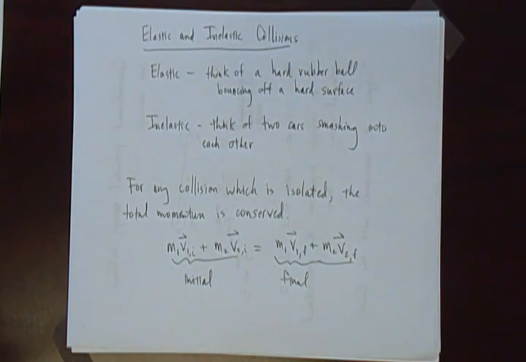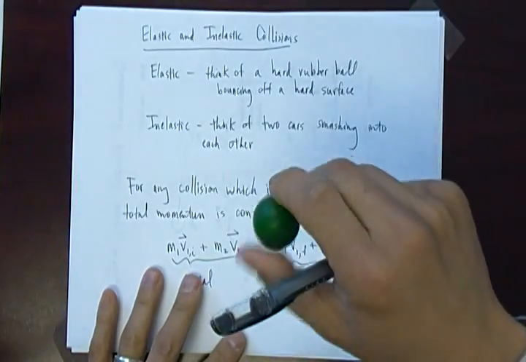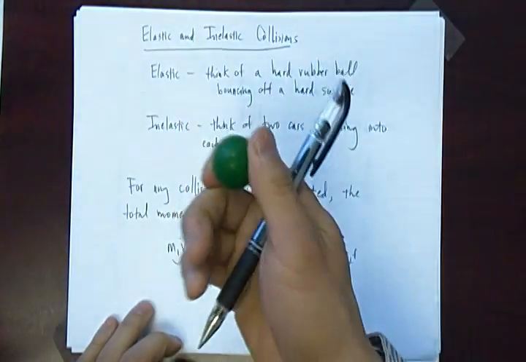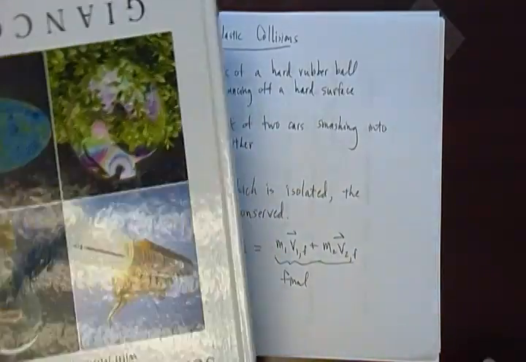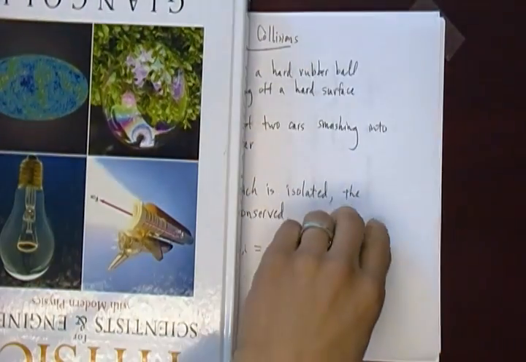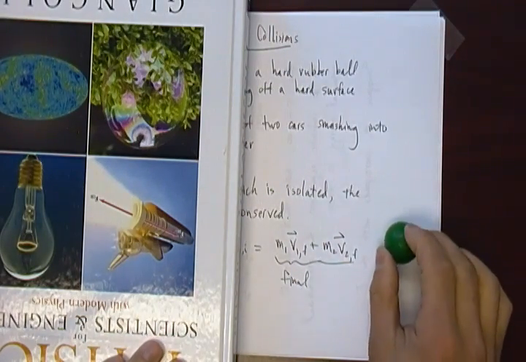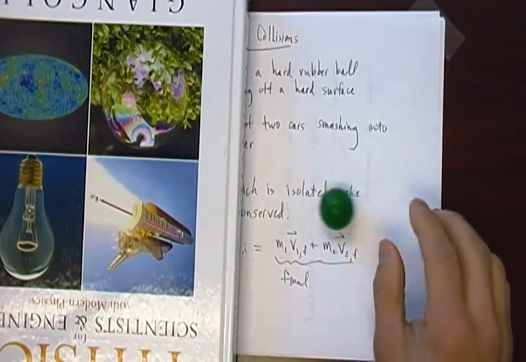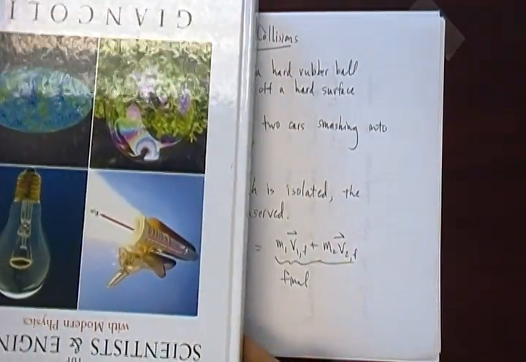Now, you might be a little bit confused, though, because we were talking about, in the beginning of the lecture, about something bouncing, our example. It seems like the momentum of the ball is being reversed by hitting the floor. So you might be confused as to what's going on. So let me give you an example of what's going on with a collision of an object against the big floor or some essentially stationary, seemingly stationary object. So the momentum of the ball is being reversed, but the total momentum would be conserved if there wasn't a whole bunch of friction here.